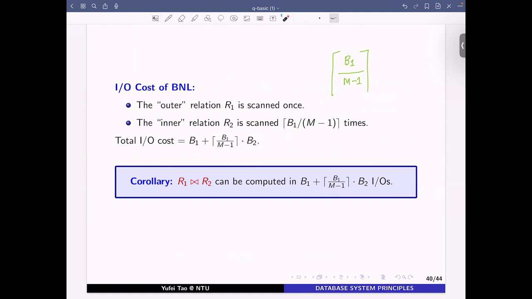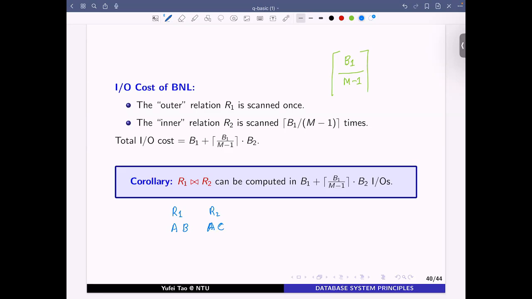Okay. So I can tell you that this BNL is a powerful algorithm. It's also useful for processing the natural join, right? So to illustrate this, you can imagine R1, for example, has attributes A and B, and R2 has attributes A and C, right?